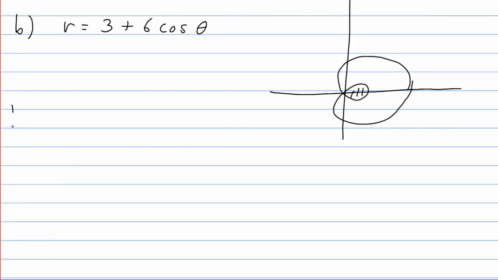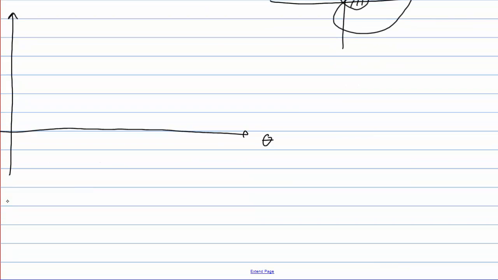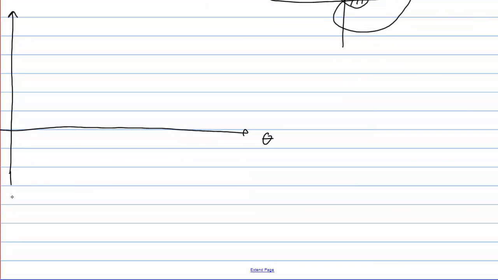So the idea is we need to think about what 3 plus 6 cosine theta looks like when we graph r and theta as if they were Cartesian coordinates. So remember the picture I had was something like this.